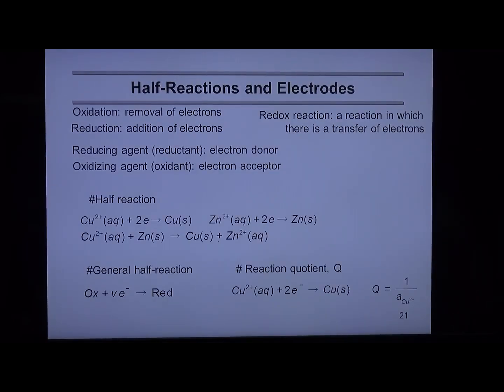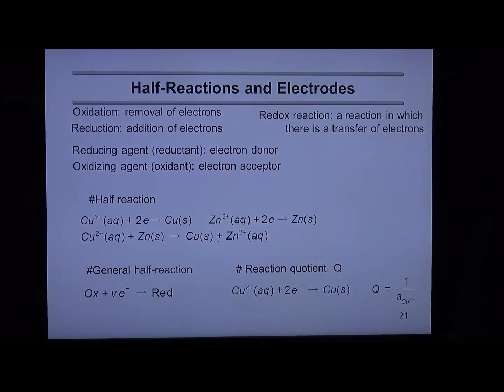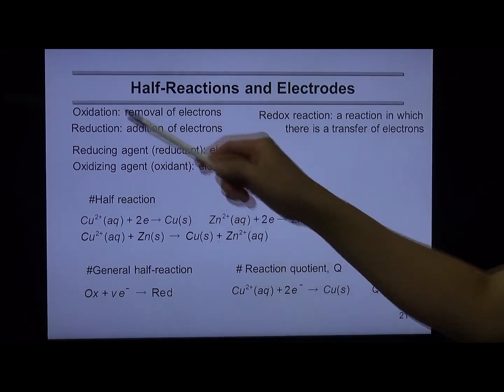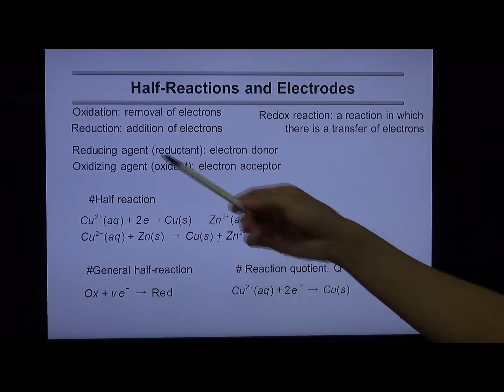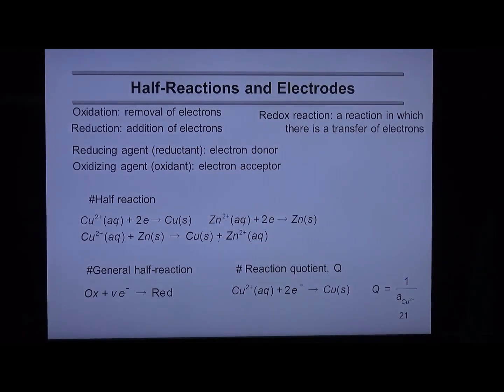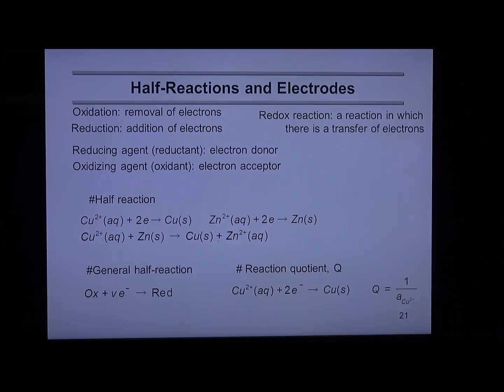In an electrochemical cell, two different kinds of reactions occur: oxidation and reduction. Everybody knows what those are, right? Oxidation is a reaction in which electrons are removed. On the other hand, reduction is based on the addition of electrons. We call it a redox reaction when there is a transfer of electrons.